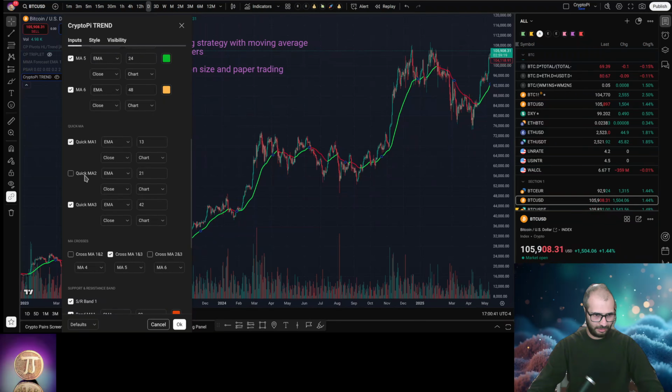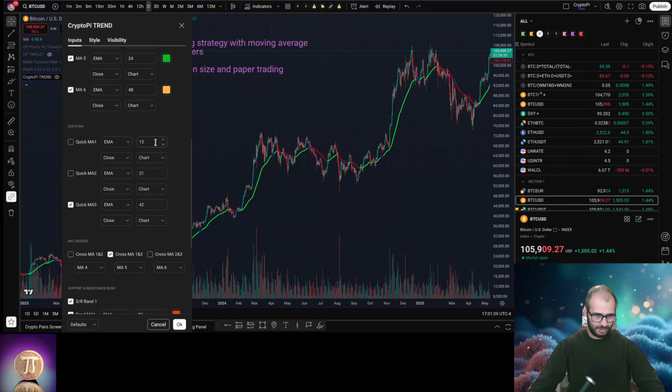Let me activate QMA1, QMA2. What you would see here is whenever the trend is upwards, they are highlighted as green. Whenever the trend is downwards, they are highlighted as red. For the strategy's sake, I will be selecting only QMA3, which is with the length of 42. No particular favoritism here.